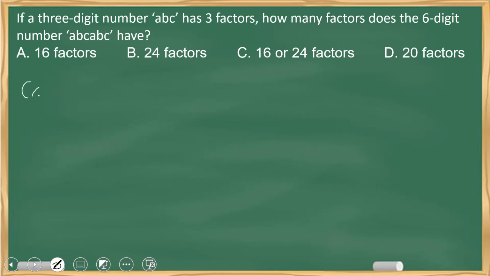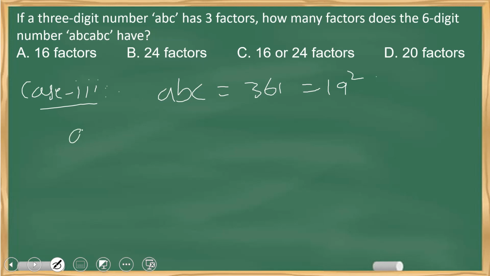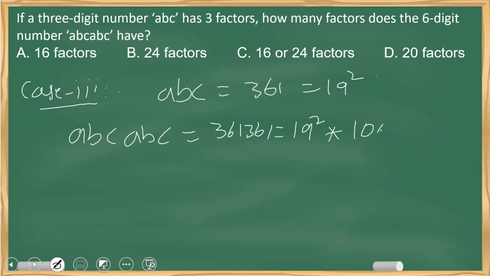Next, case 3. So assume ABC is equal to some other number, 361. That is equal to 19 square. Now ABCABC will be what? 361 into 1001, that is equal to 19 square into 7 into 11 into 13.